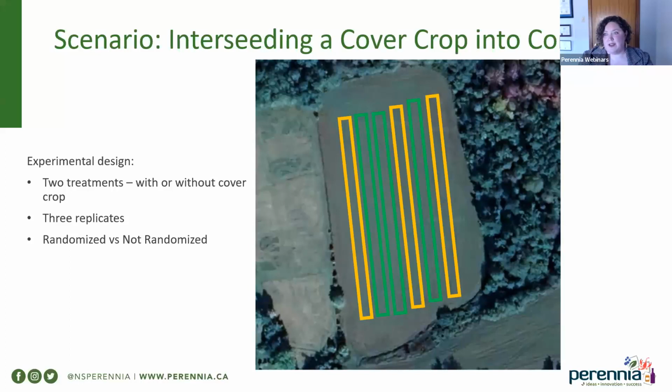This is where you really want to have a nice uniform field, so that if you are just doing the split in 2 and taking 3 measurements, one side of the field isn't a lot wetter, say, than the other.